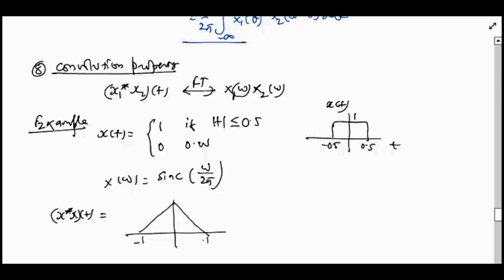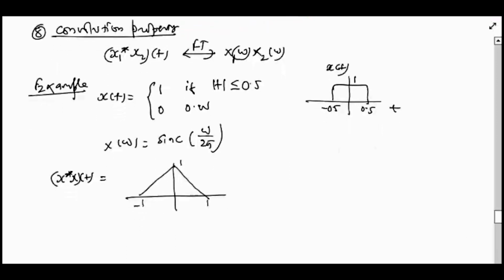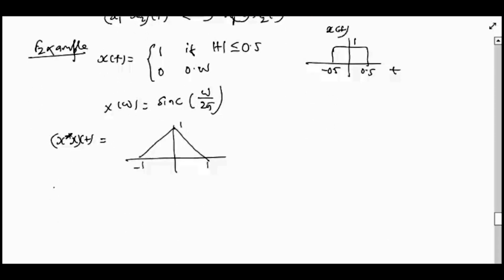Namely, it is this function, and the above convolution property states that the Fourier transform of this pulse is sinc of omega over 2 pi, whole square. Okay, so this way we get the Fourier transform of a triangular pulse from the Fourier transform of a rectangular pulse.